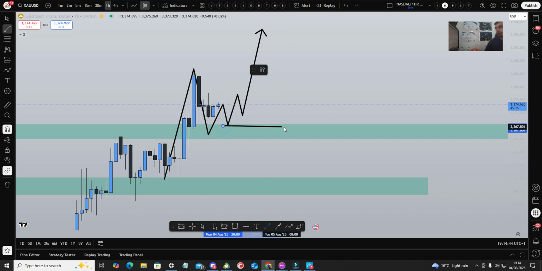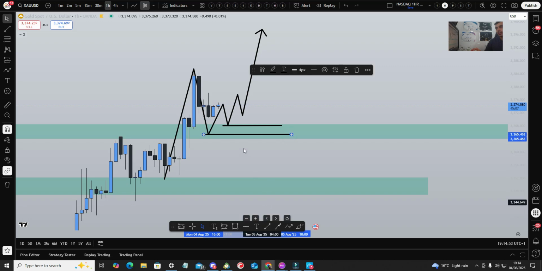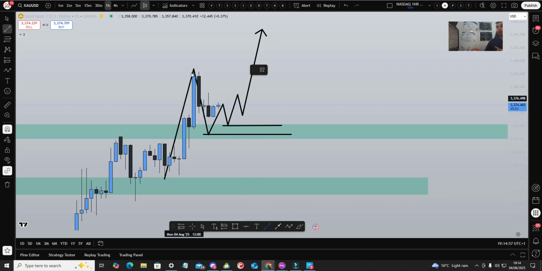This low over here does not break this low, a higher low. So this is a good sign. Not only that, but we got this new high here. That's another good sign. This high is broken by this high. Does that make sense? So even in our retests, we are creating new highs.